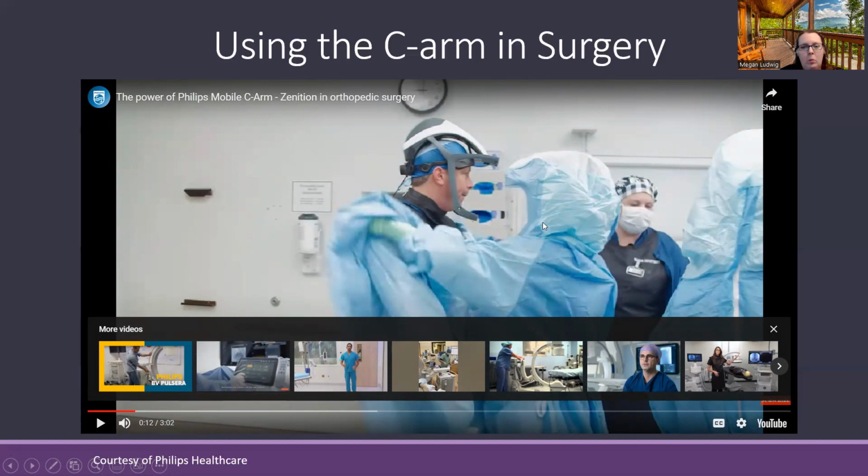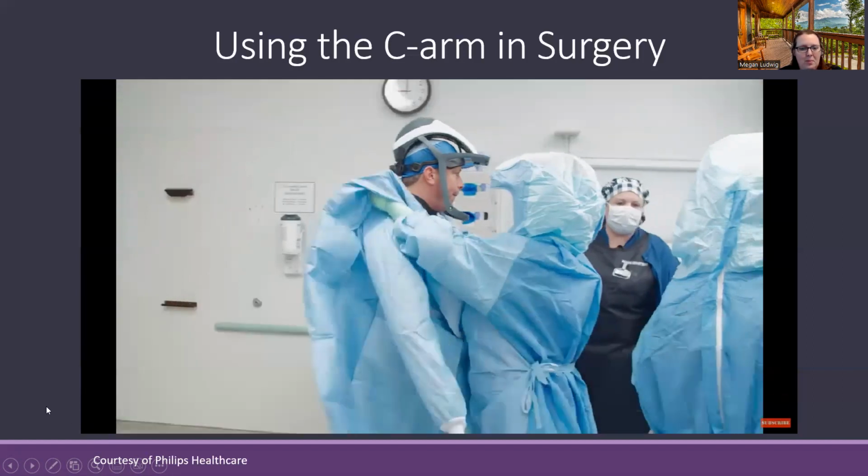But once they put this hood on, they don't have to wear a mask inside of it because they're covered. But a lot of places will still wear a mask in. They'll just pull the mask down once they've gotten it put on. But I just wanted to point that out so you weren't thinking this was some crazy video of the hip and knee.